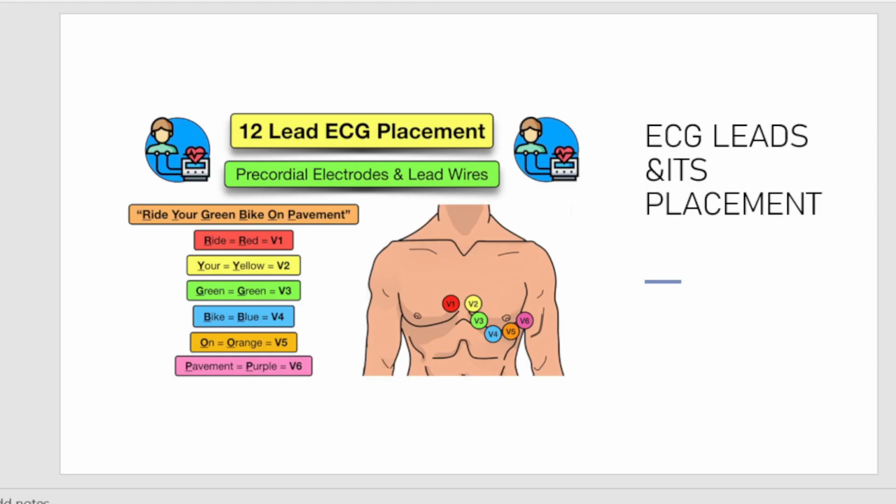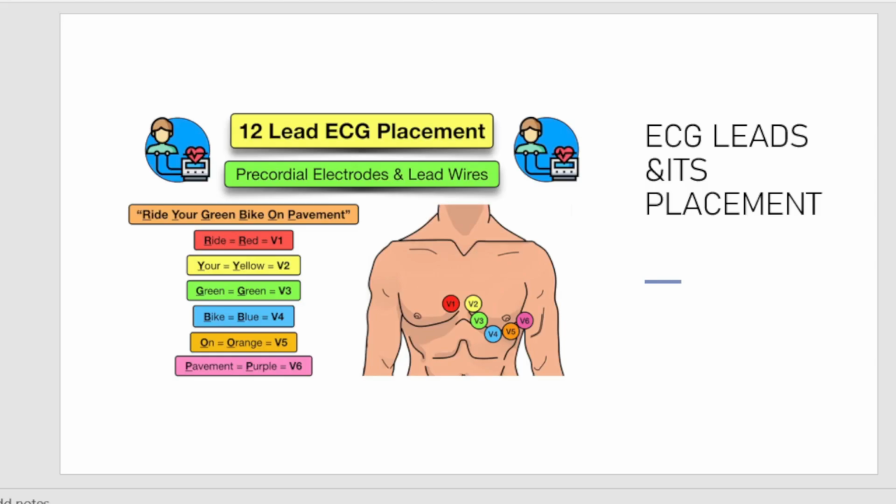For the PR interval, the duration is about 0.12 to 0.2 seconds. For the QRS complex, the duration is about 0.06 to 0.10 seconds. For the QT interval, the duration is about 0.36 to 0.44 seconds. The ST segment is flat, and these are the normal ECG wave durations.